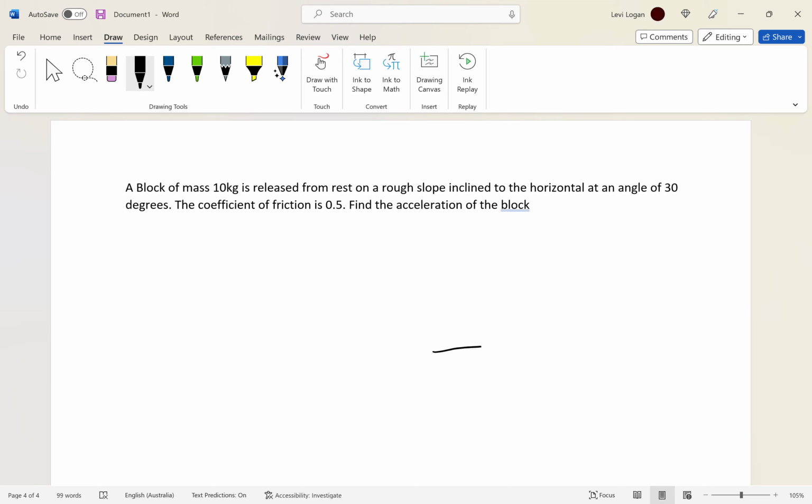Alright, let's draw a little scenario once again. So draw your incline. You have a block. It has a force of gravity acting straight down, and it's got these force vector components. Okay, this is FG. This angle is 30 degrees because the incline is 30 degrees.